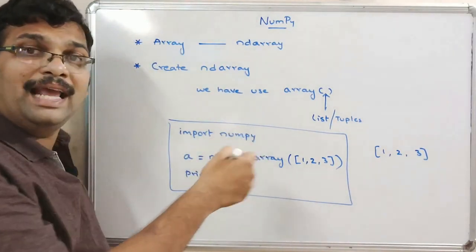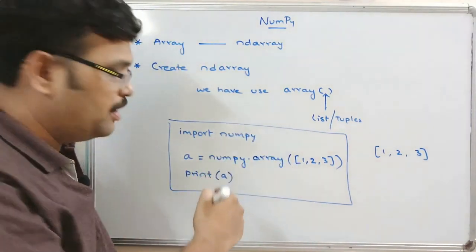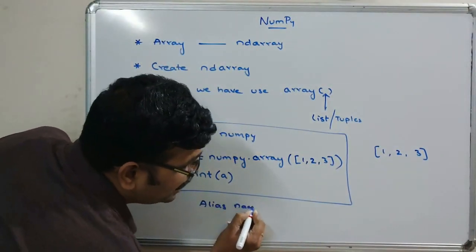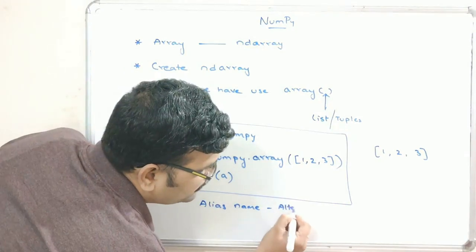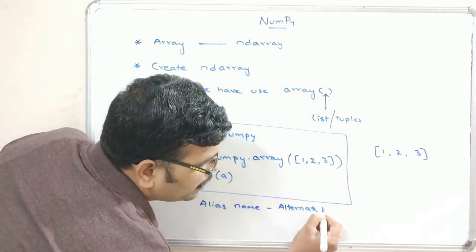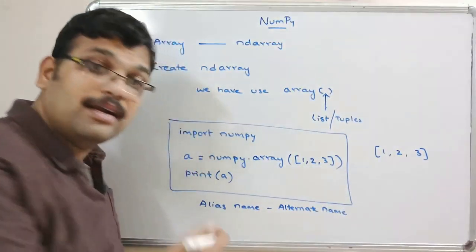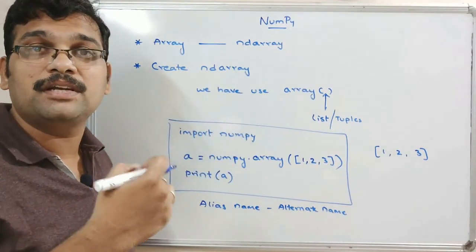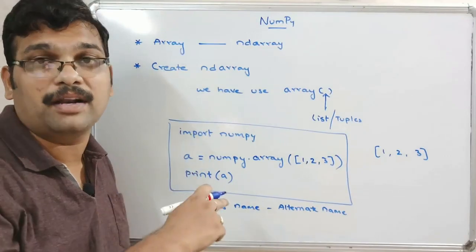We can also give an alias name to the library. Alias name means alternate name, so whenever we use the function, we can call it with the help of the alternate name.